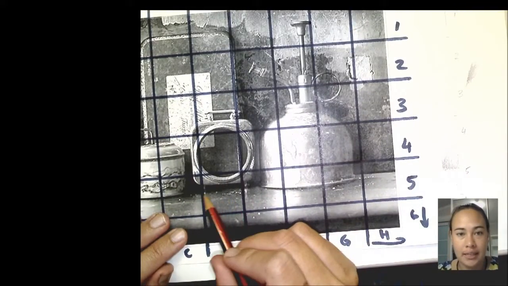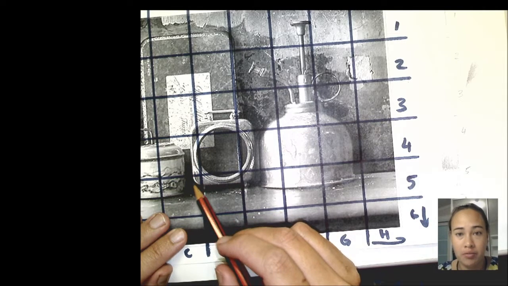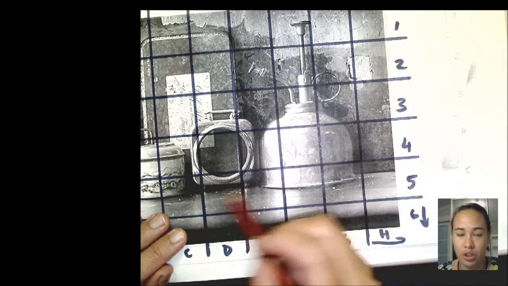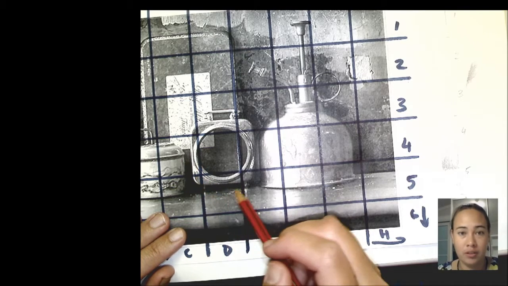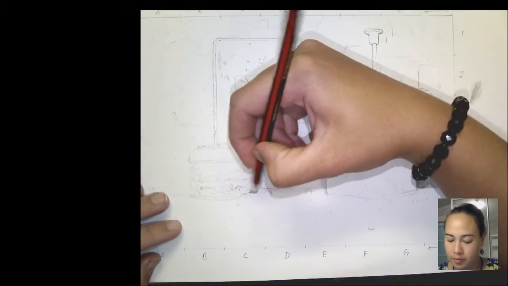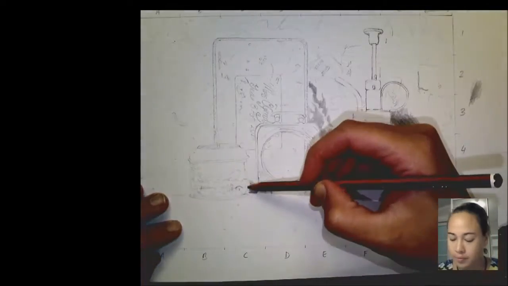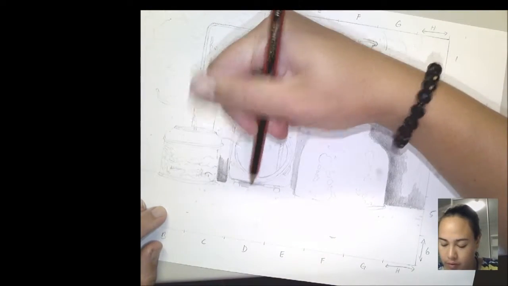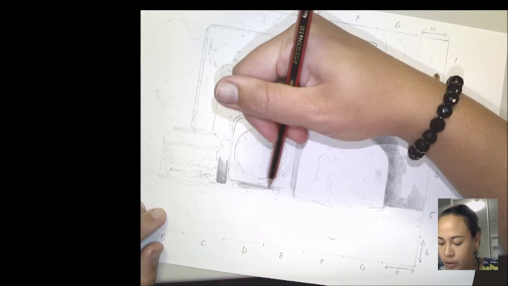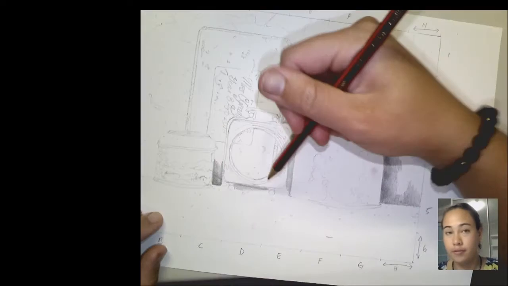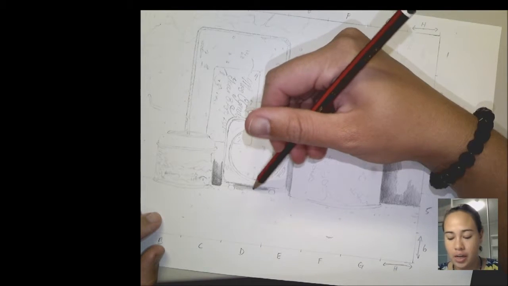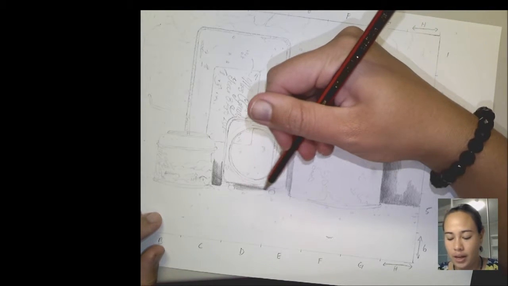So this section down here is really dark, probably one of the darkest parts of the picture. I'm going to make sure that I shade it with lots of layers in this section. If you can't avoid shading in a different direction, do it nice and lightly so that you can't see the lines in your shading.